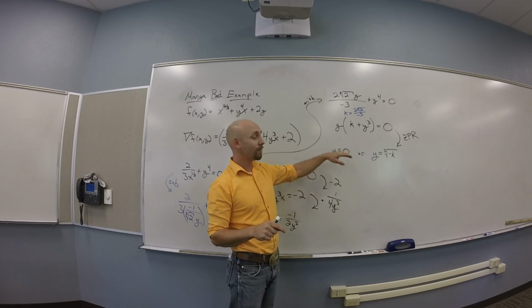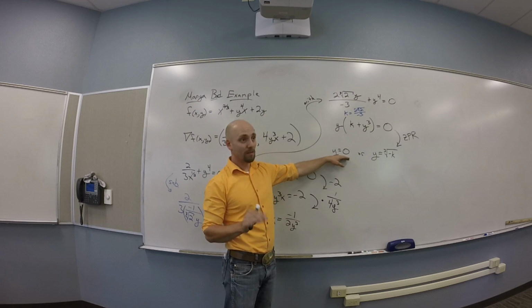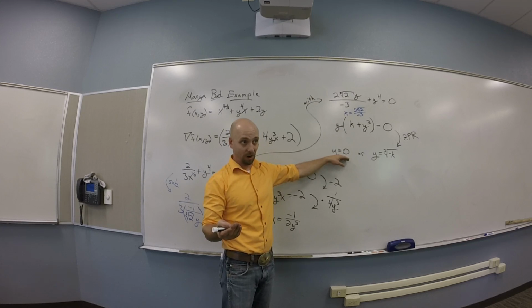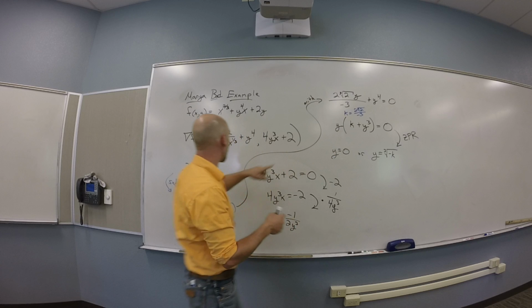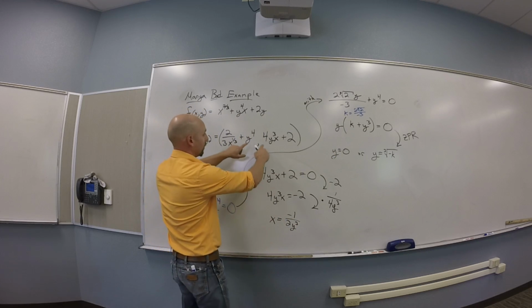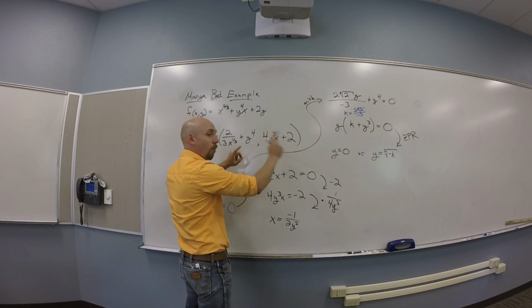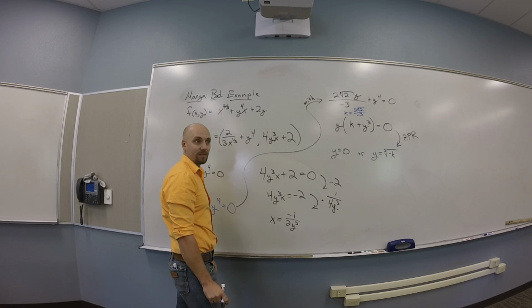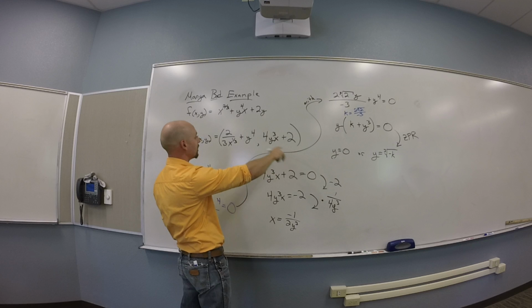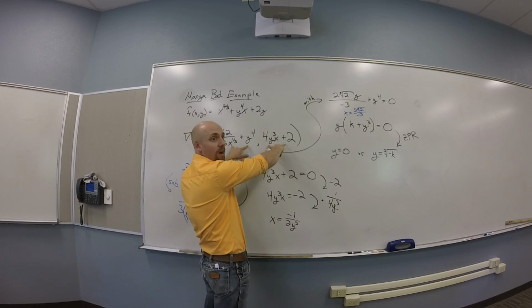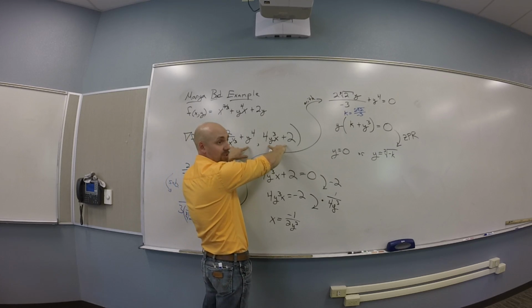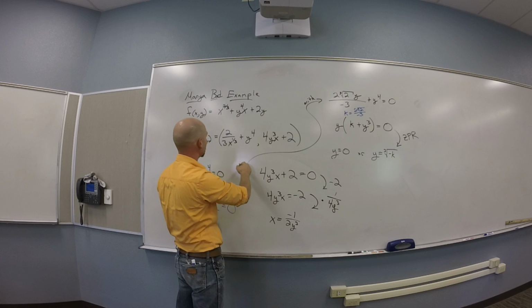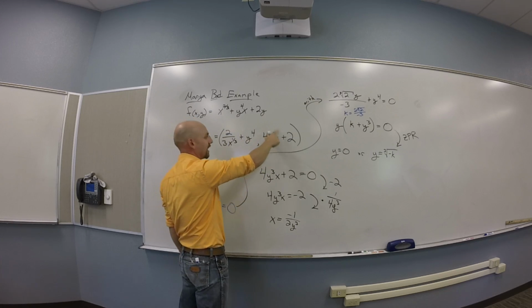I found a y value that made the derivative 0. So y is 0, apparently, would make both of these 0, but only if x is something screwy. You guys see that? If I plug y is 0 in here, I should be able to figure out what x is to make this thing 0 and 0.